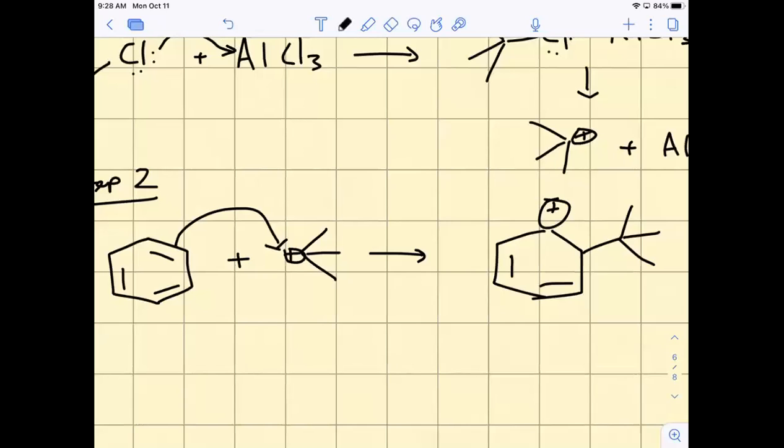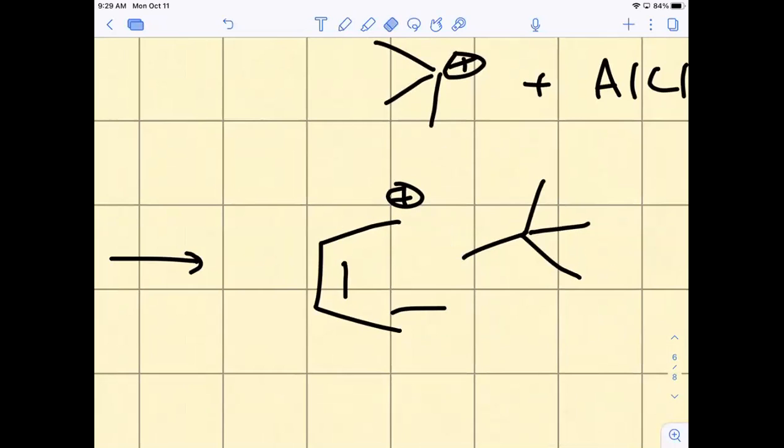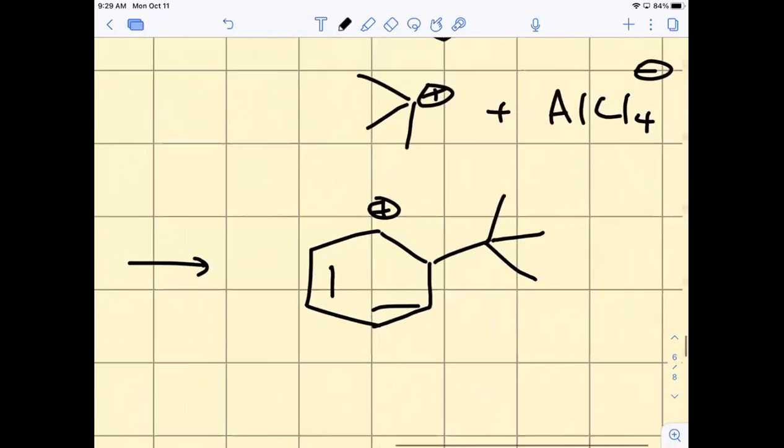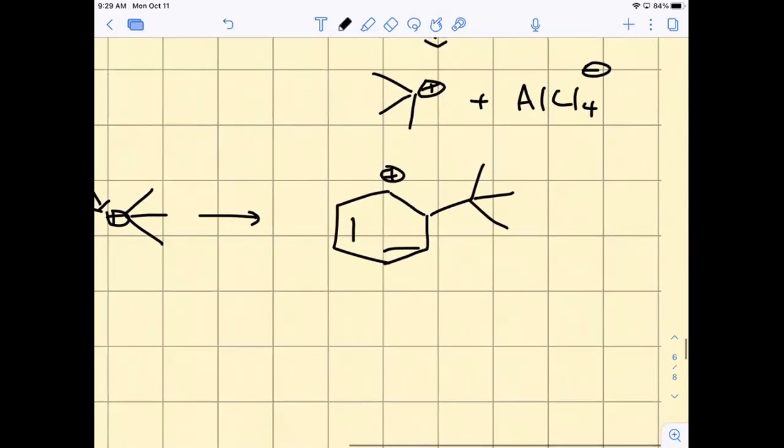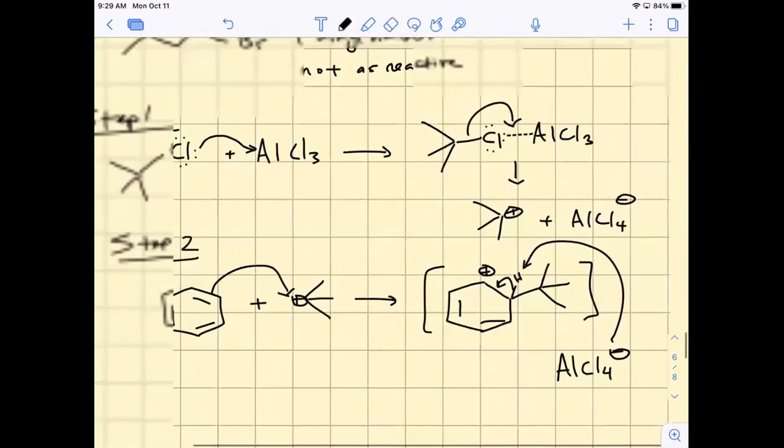So now there's a plus charge here. All right. And then it's that arenium ion intermediate that's going to be deprotonated using the aluminum tetrachloride. This is negative. You got a hydrogen here that you're going to pull off and eliminate, to reestablish that aromaticity.